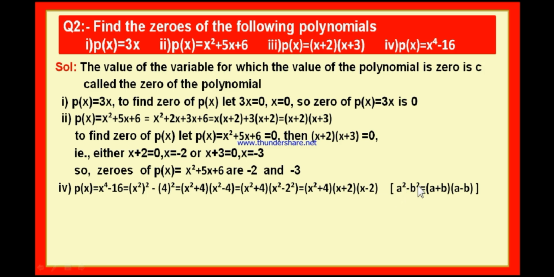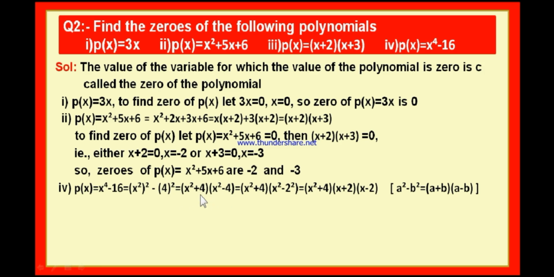What is the formula to find a square minus b square? A square minus b square is equal to a plus b into a minus b. If we assume that x square is a and 4 is b, then it is a plus b into a minus b, that is x square plus 4 into x square minus 4.